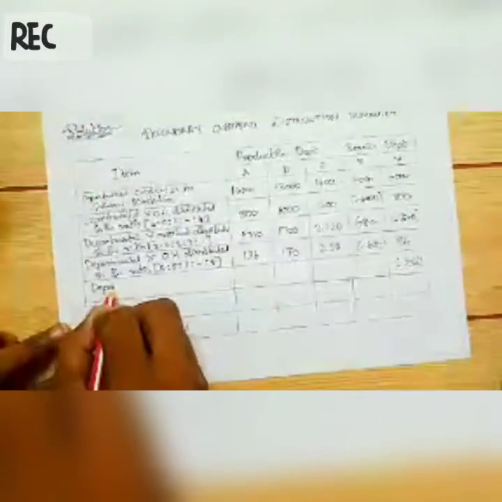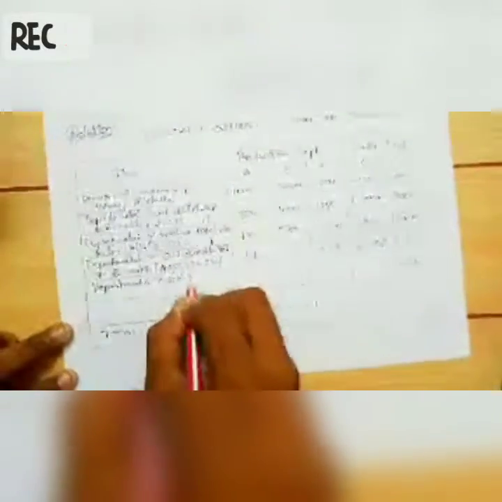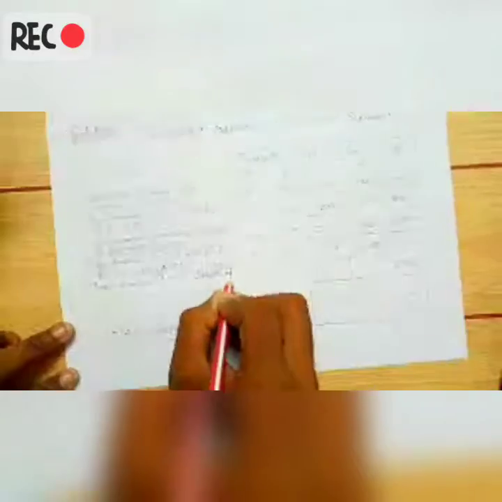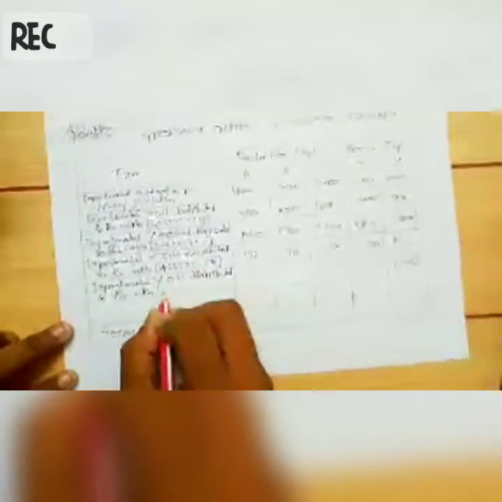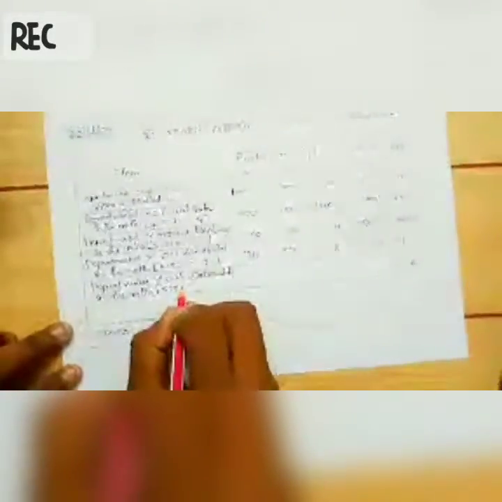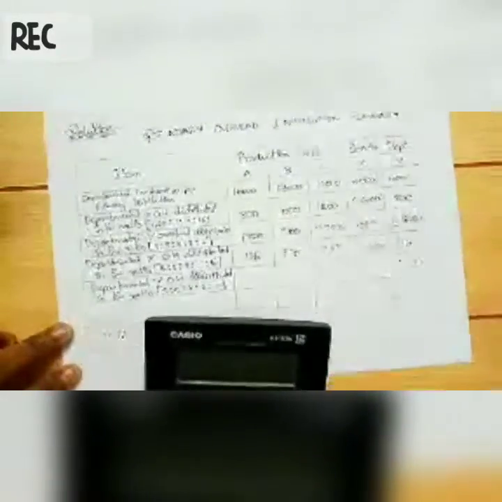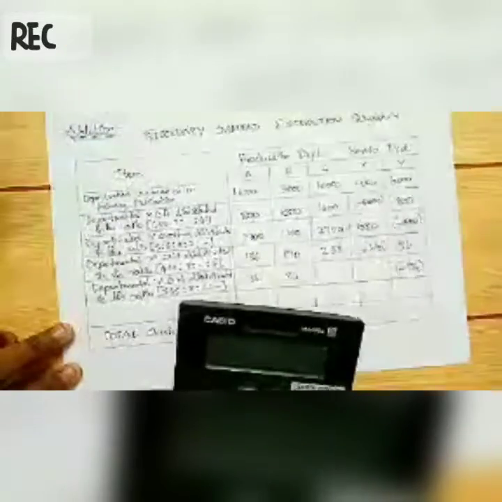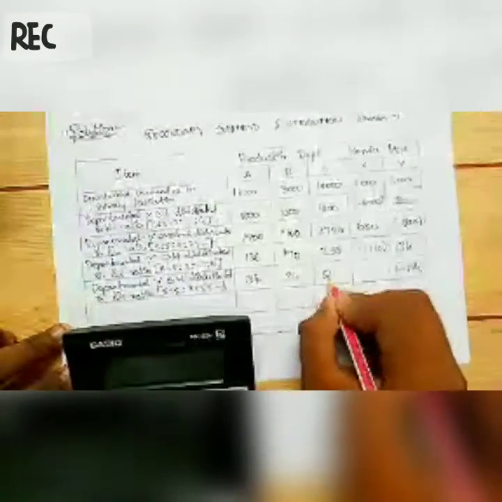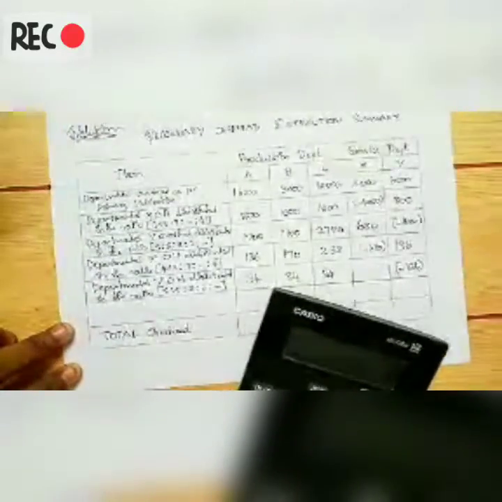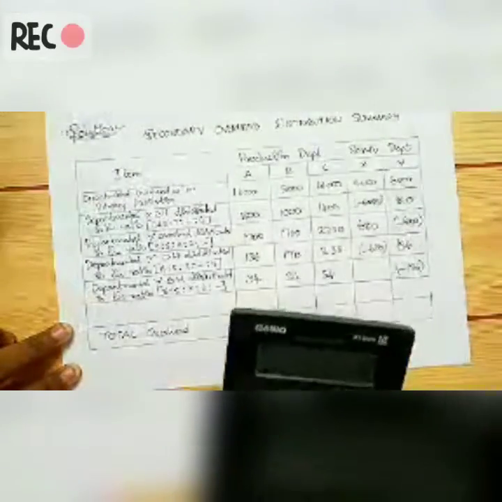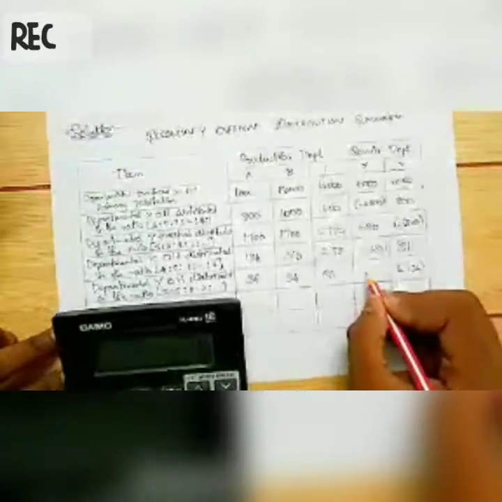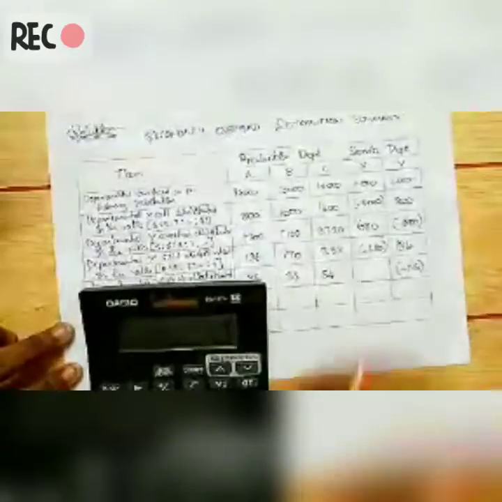Now we have to write departmental Y overhead distributed in the ratio as we wrote earlier, 5:5:8:2:0. 136 into 5 divided by 20, 34 for column A. Same amount for B. 54.4, we shall write 54. It becomes 13.6, we shall write 14. Round the value.